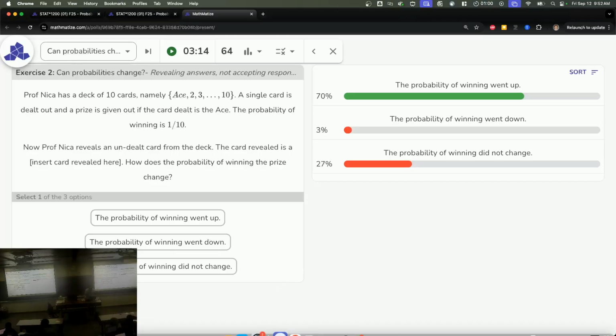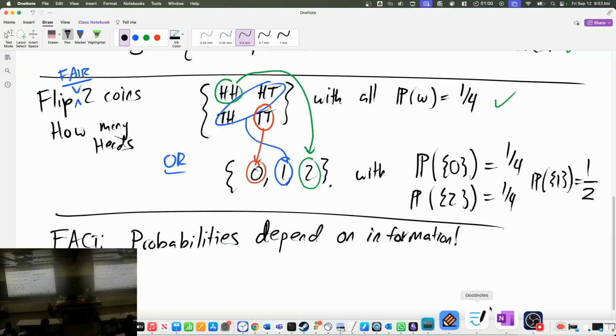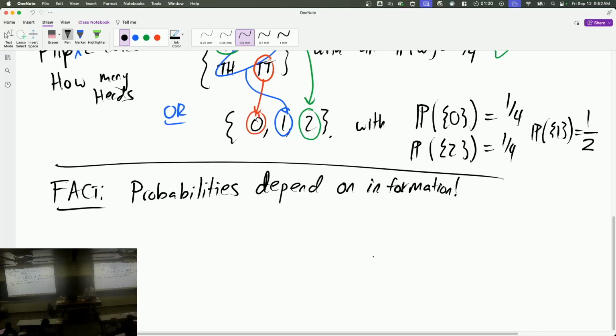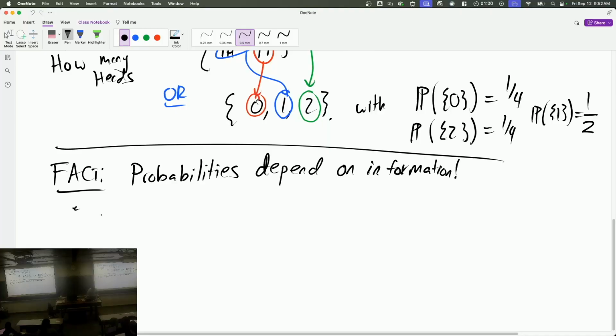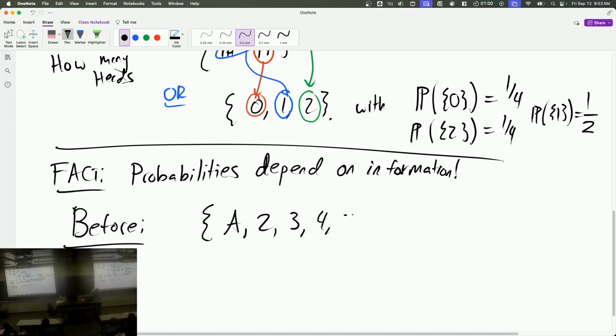So I'm going to draw a little cartoon over here to illustrate this idea. This was the probability space before. Before, the probability space was the ace, 2, 3, 4, 5, 6, 7, 8, 9, and 10.